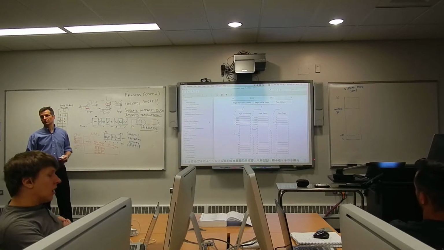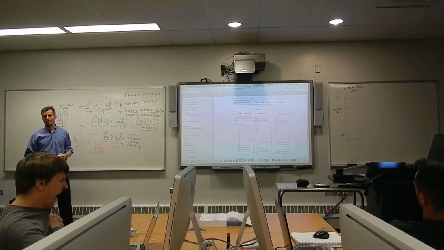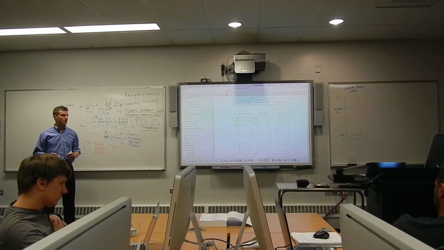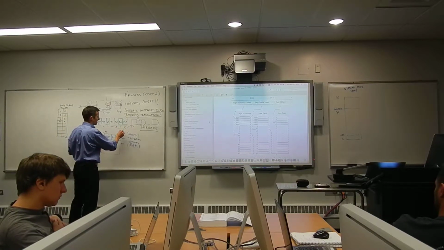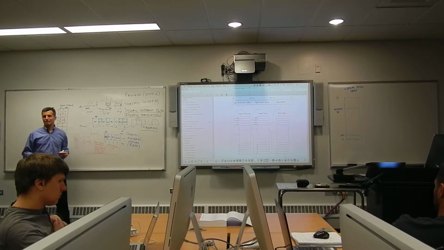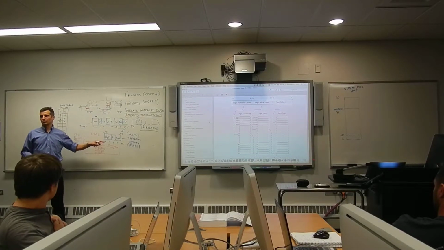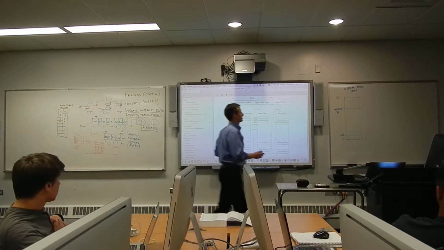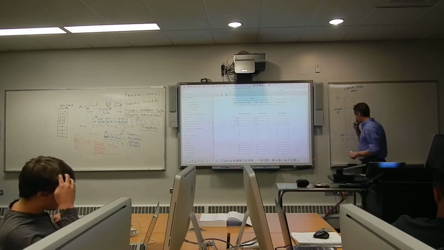Otherwise, we're not even going to be able to get external interrupts or anything else, let alone implement system calls. Okay? So the operating system itself is contending with this limited resource. That's why we have pages for the kernel. All right.